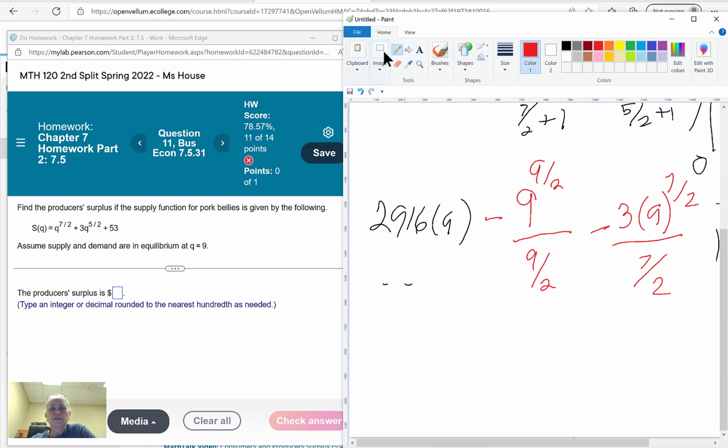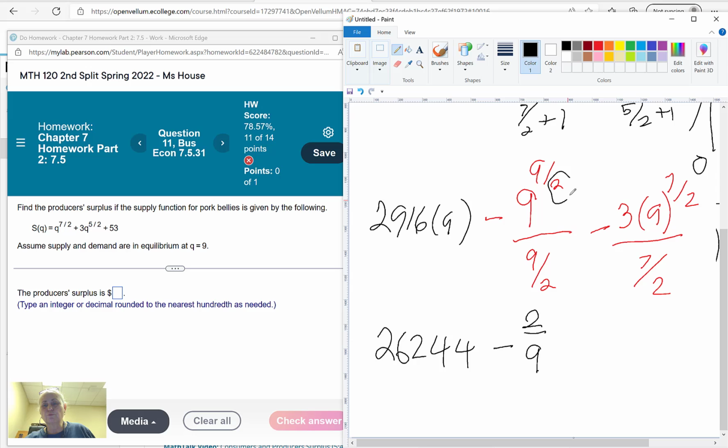All right, so I'm going to clean these fractions up because they're just messy. Remember, when you divide by a fraction, you invert and multiply. So I'll go ahead and do 2916 times 9. That's 26,244 minus, now this 9/2 becomes a 2/9.